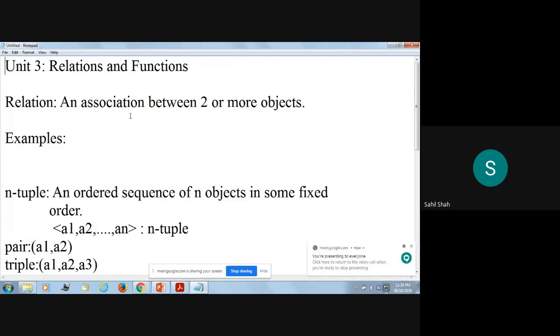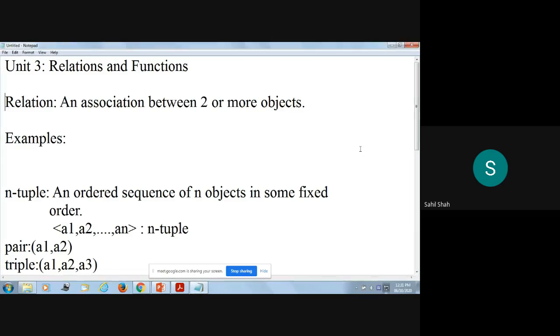Okay. So basically, unit number 3, relations and functions. What do you mean by relation? Why has this unit been introduced in the syllabus of second year computer, specifically discrete mathematics? What is a relation? A relation is some kind of association between two or more objects. Objects can be anything.